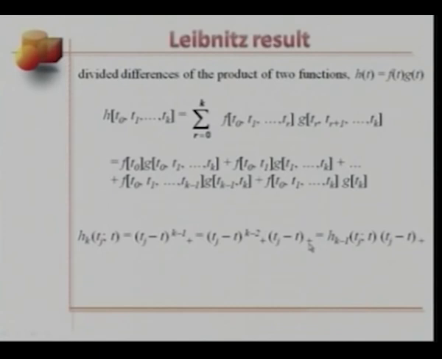So what I have done here is I have expressed h of k, which is our k minus 1 degree truncated function, into a multiplication of two functions. One is a truncated function of degree k minus 2, and the other one is a truncated function of degree 1.